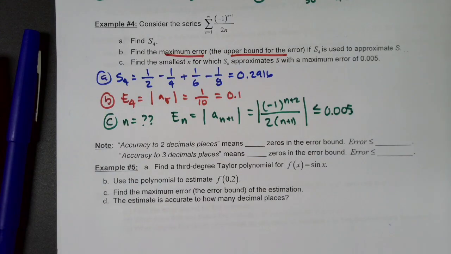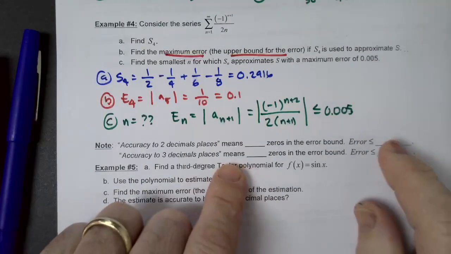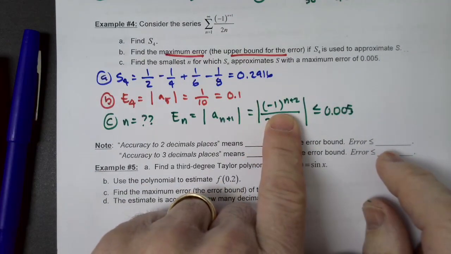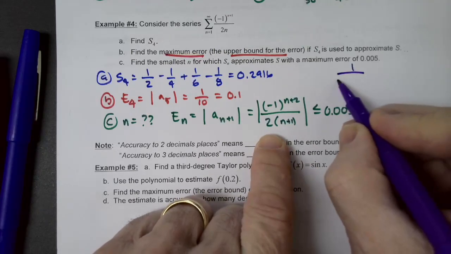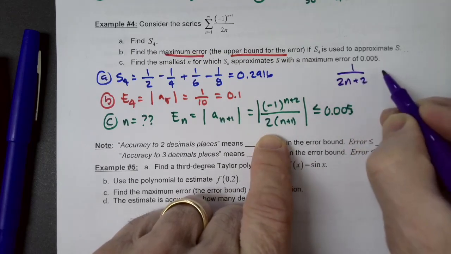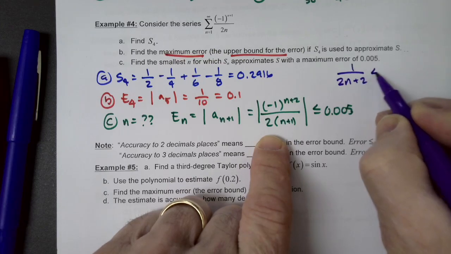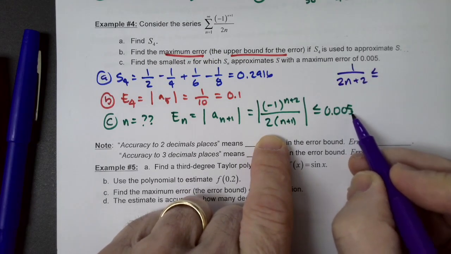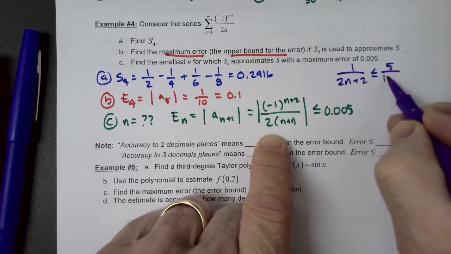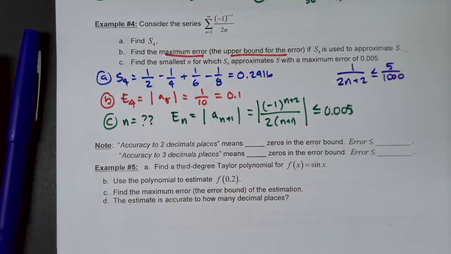Okay. So let's just solve this inequality. Remember, the numerator, no big deal. It's just going to be a positive 1. The denominator, when we distribute this, will be a 2n plus 2. That has to be less than, what is this? 10, 100, 5 thousandths.